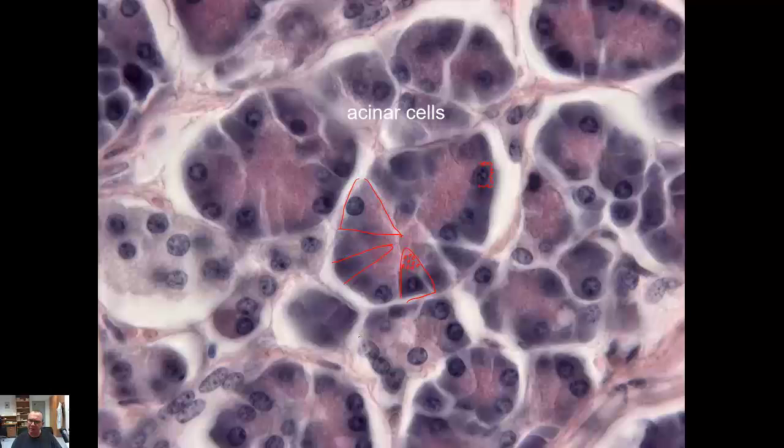The secretion function of pancreas is regulated by many factors, many hormones, and it means that in any moment the cells don't secrete all the proteins, all the enzymes together. Sometimes some enzymes are secreted more and another less, and this means that the tinction of granules can be very variable.